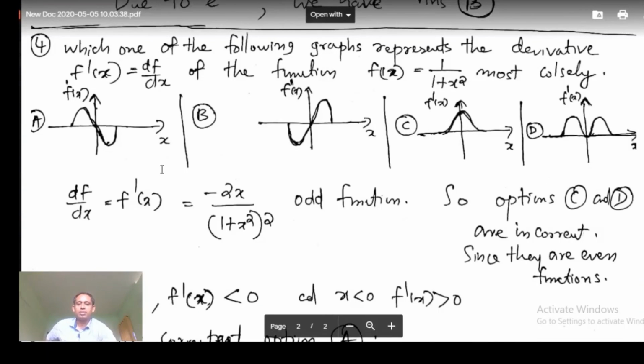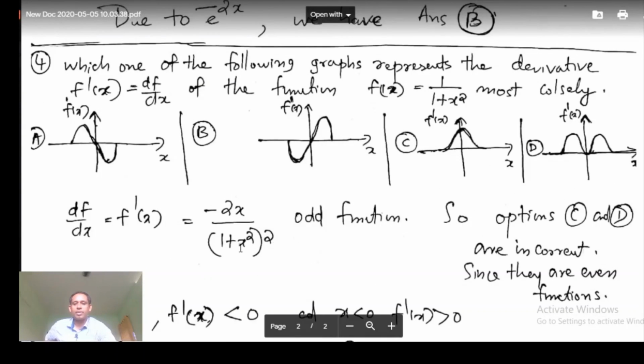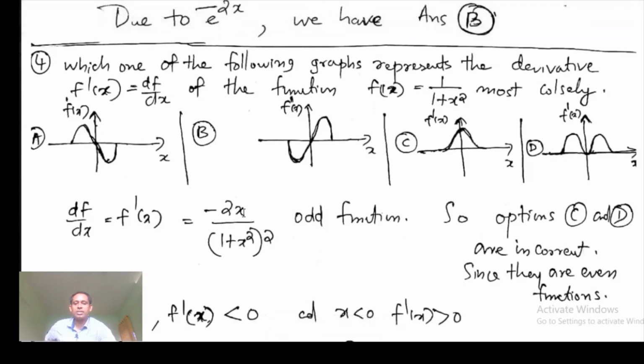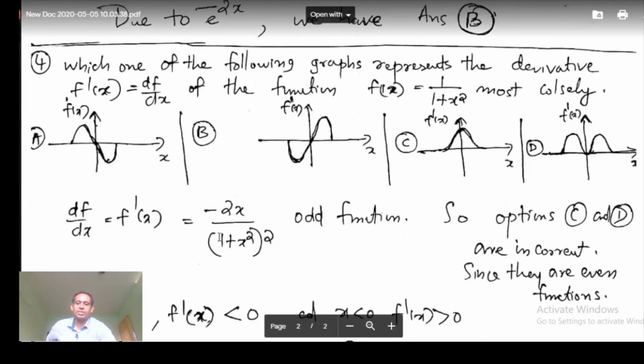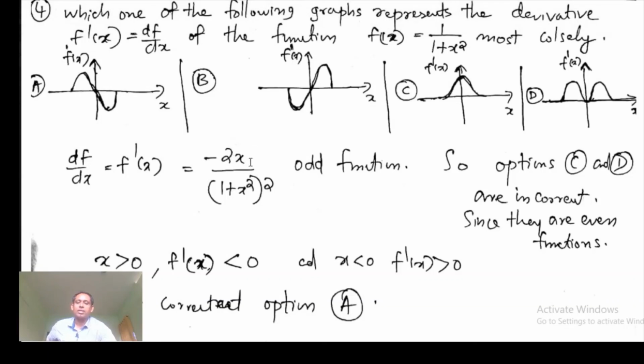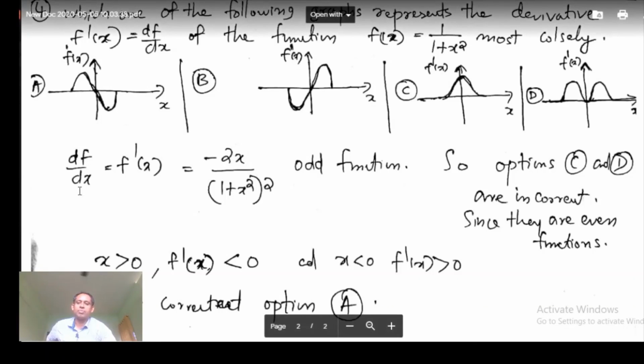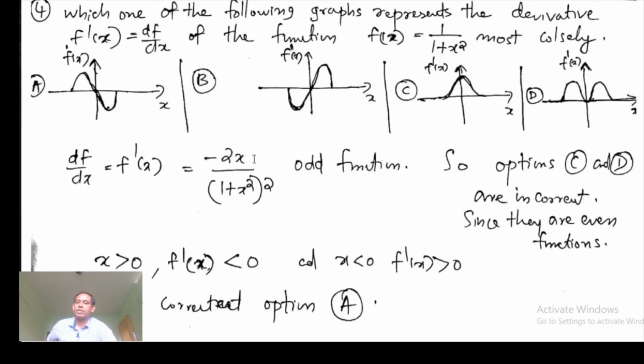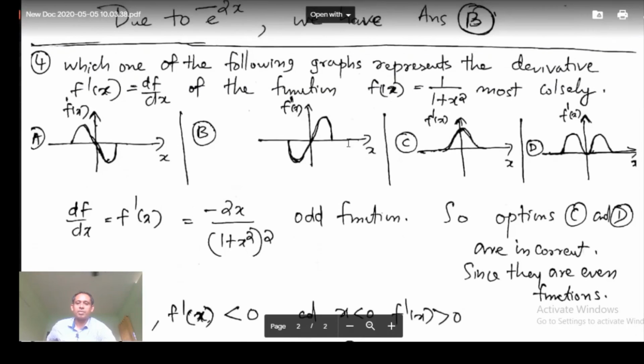And in this, we see if x is greater than 0, if x is positive, df by dx is negative. And if x is negative, the df by dx or f prime of x will be positive. Okay, so that is applicable to this one.